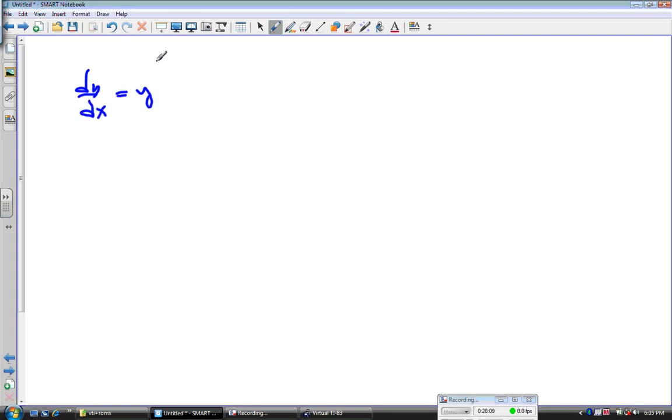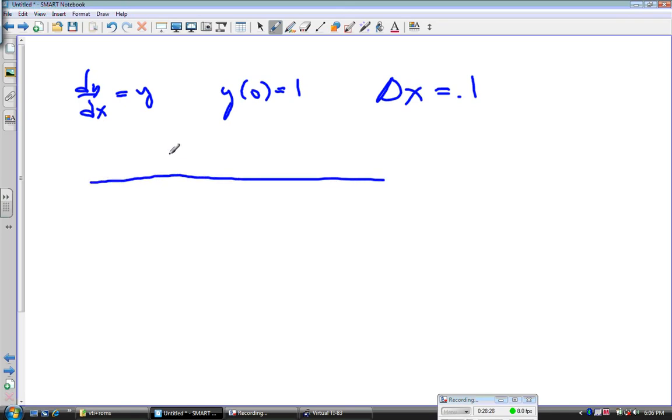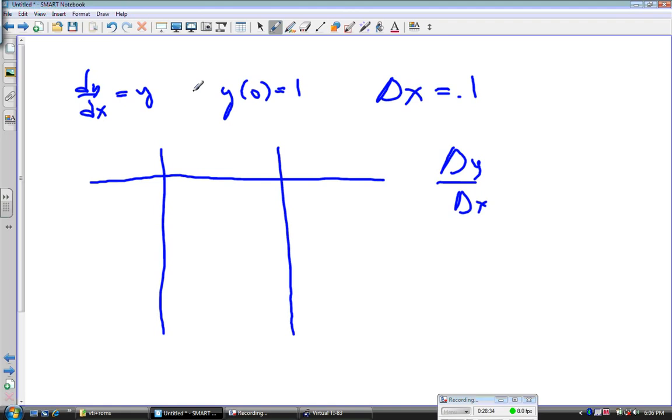Now we solved this before, and remember it was an exponential function. We could do this for variable separable, but let's pretend that we can't. Let's say we have an initial condition of y of 0 is 1. And you can pick any delta x you want, as long as it's small. How about 0.1? And this is what Euler said. All right. Let's estimate y values. Let's pretend it's delta y over delta x instead of dy dx equals y.